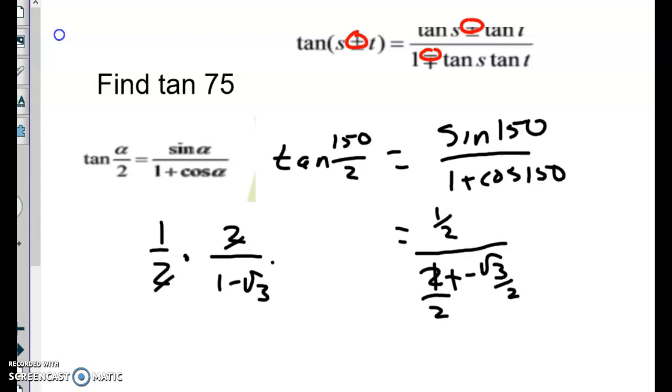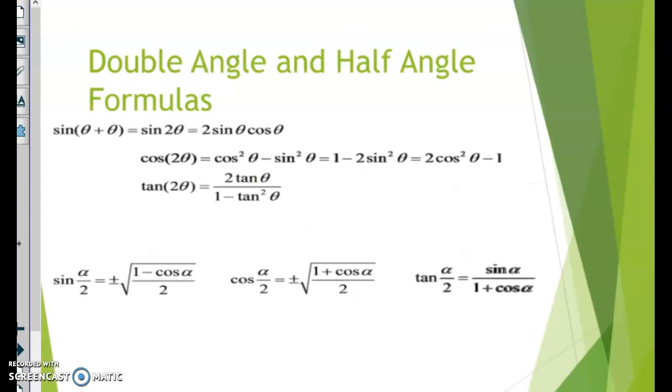And I end up with 1 over 1 minus root 3. And of course, you would multiply by the conjugate. And hopefully you came up with the same thing as I came up the other way. Okay? What I'm getting at here is if the problem doesn't specify which method to use, there are 2 methods for most of those.